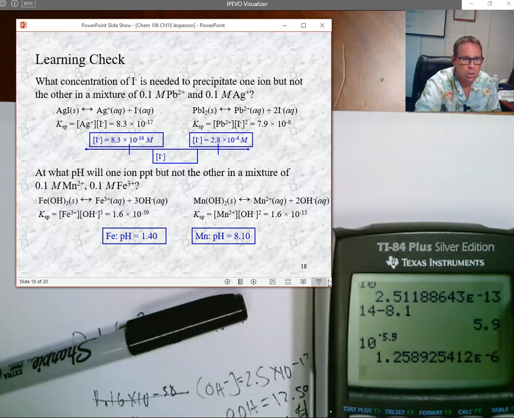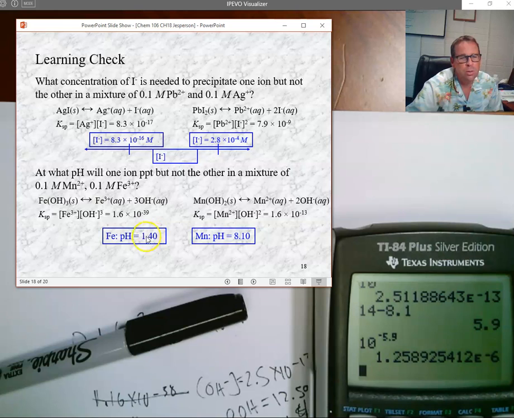All right. So if I am at pH, let's say 0.5, the hydroxide ion concentration is too low to precipitate out anything. But as my pH gets higher and higher, my hydroxide ion concentration is getting higher and higher.